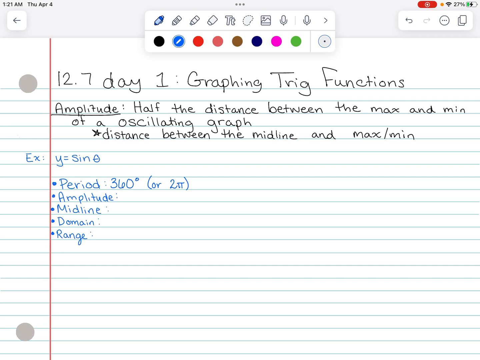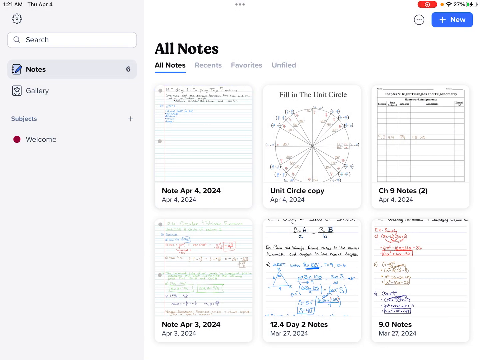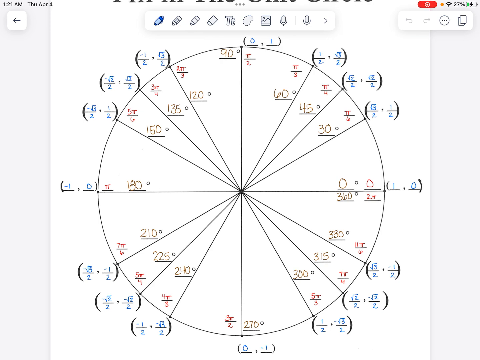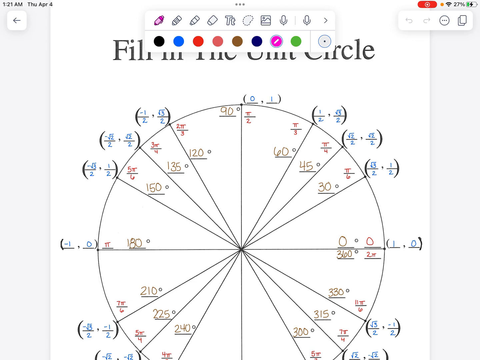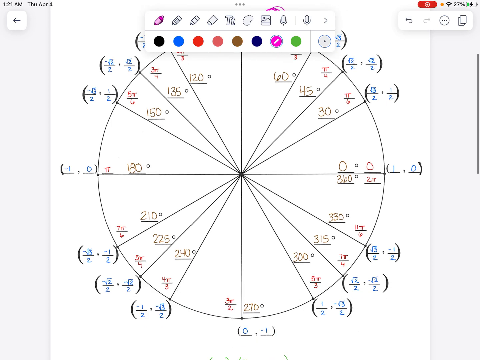Now, the amplitude is half the distance between the maximum and the minimum, or the distance between the midline and the maximum. So going back to my unit circle for a bit, if I look at sine, sine has a maximum of 1. And that's not just because of the unit circle.